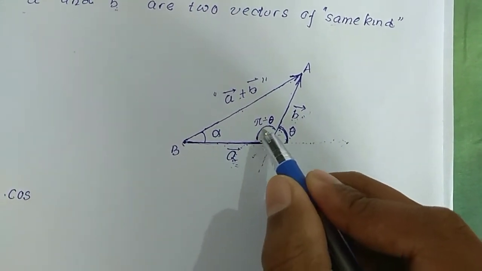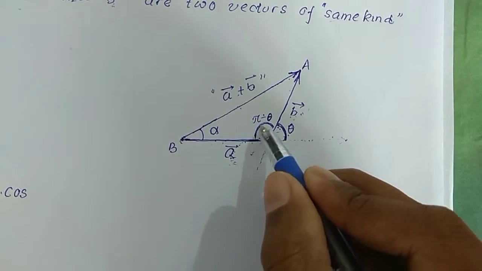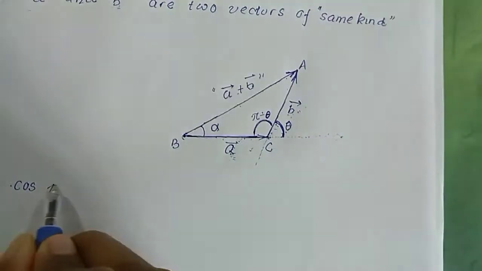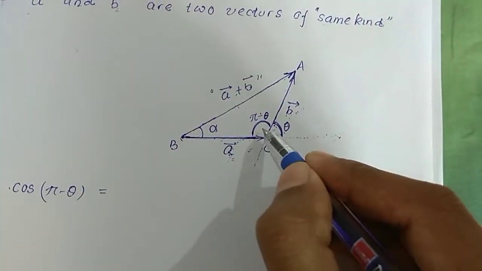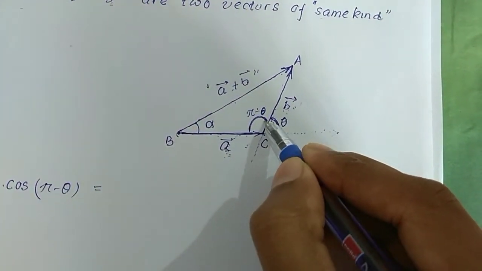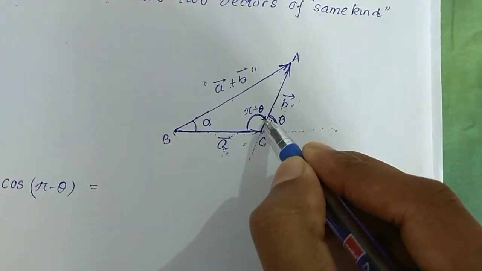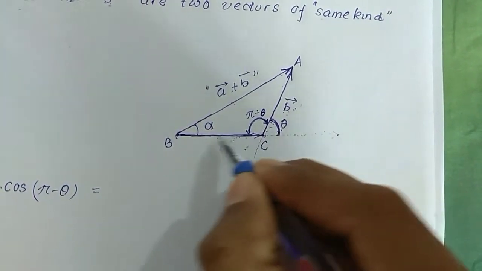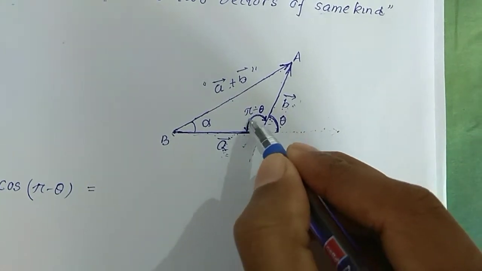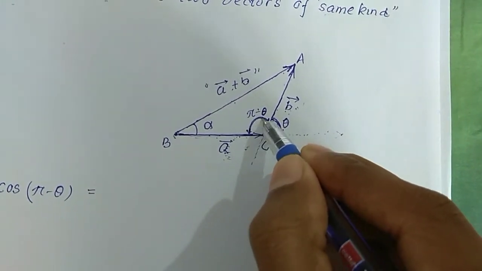Taking the triangle's interior angle, cos of pi minus theta equals, you observe that, if you are seeing clearly, these are the sides which make the angle pi minus theta.